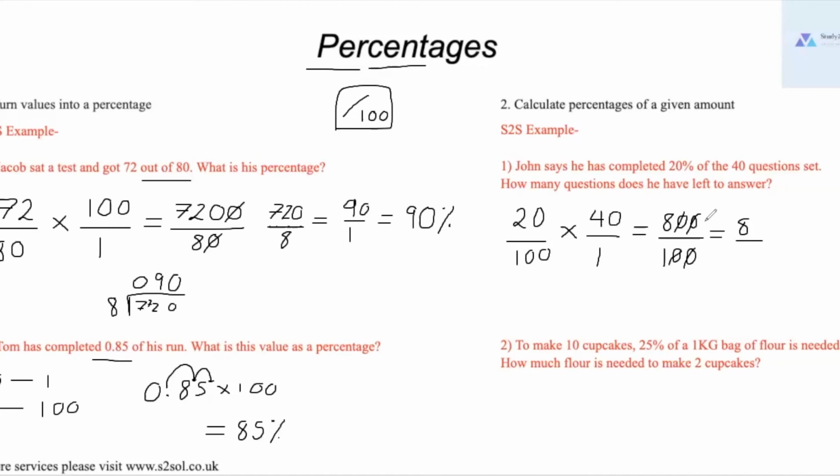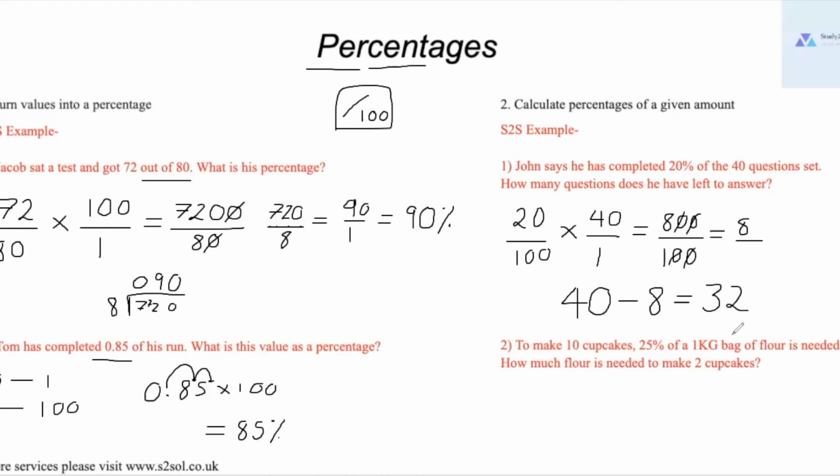So it's how many questions does he have left to answer? Therefore, we're calculating effectively 80% of 40. We can do this by doing the simple sum 40 minus 8, because this will give us the amount of questions he has left over. And the answer is 32. So the correct answer for the questions that he has left is 32 questions.